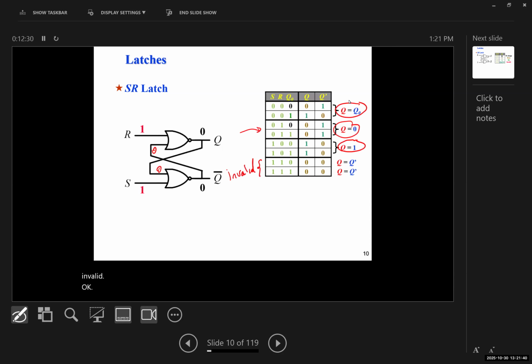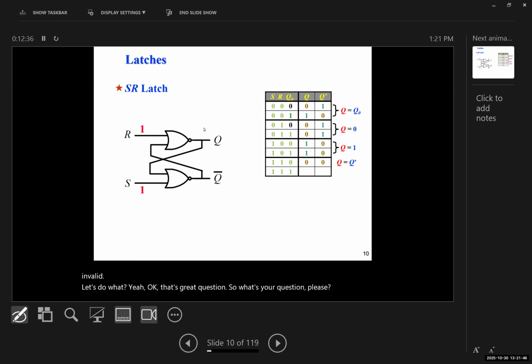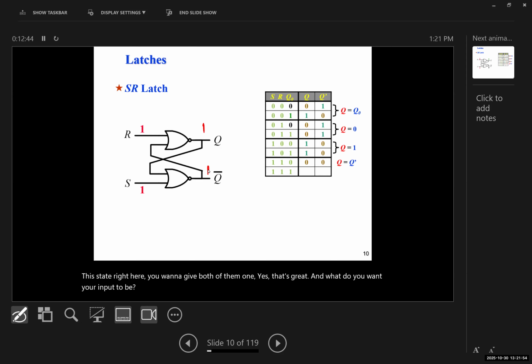Okay, that's a great question. So what's your question, please? This state right here. You want to give both of them 1. Yes, that's great. And what do you want your input to be? The input's 1. 1 and 1. That's a great question. So if this is 1, the other input of this would be 1. The other input of this would be 1. So 1 and 1 gives us what? 0. Yes. And then 0 comes down here, and 0 and 1 gives us what? 0.